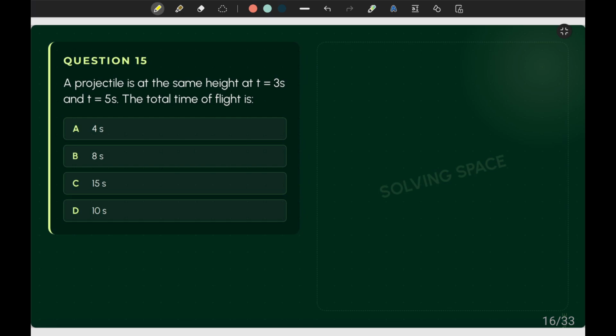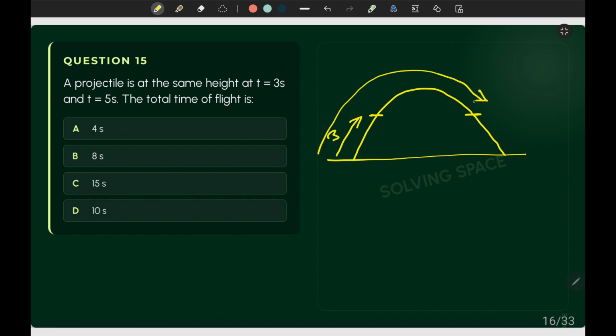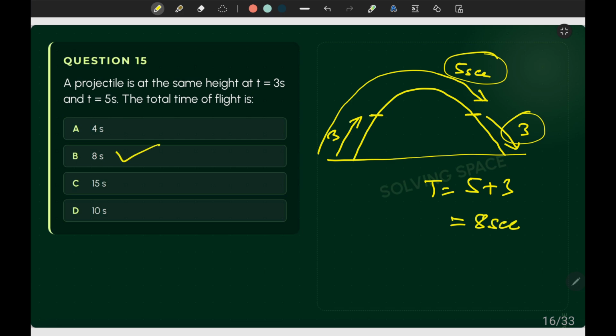The total time of flight is A, B, C and D. So in projectile motion, if this is the point at the same height, and this one's time is 3 seconds and this one is 5 seconds, then the motion is very symmetrical, so this must be 3. In that case, the total time will be equal to 5 plus 3, that is 8 seconds.